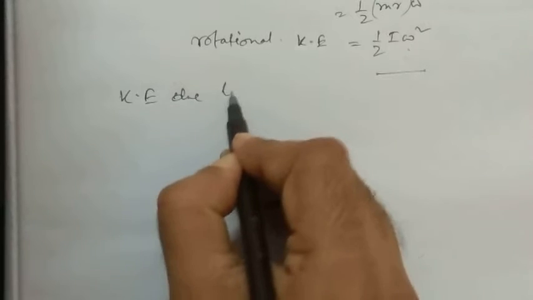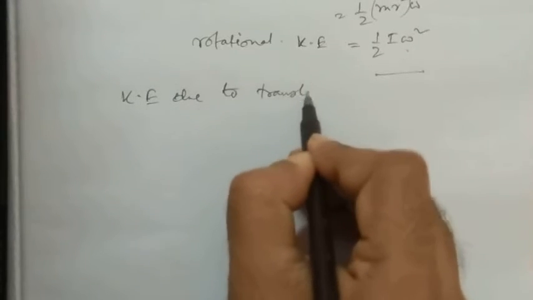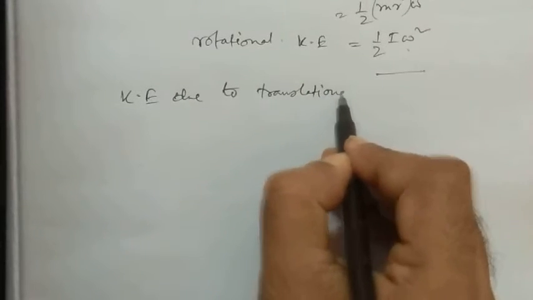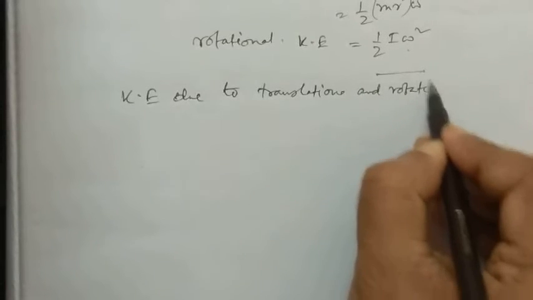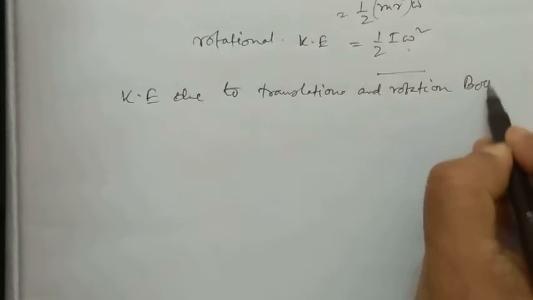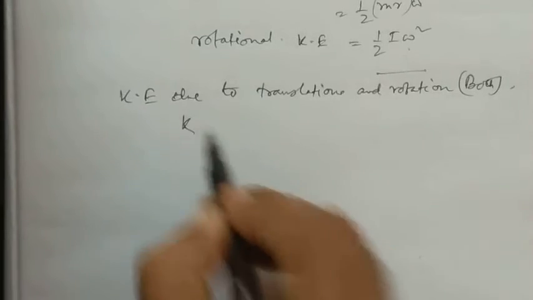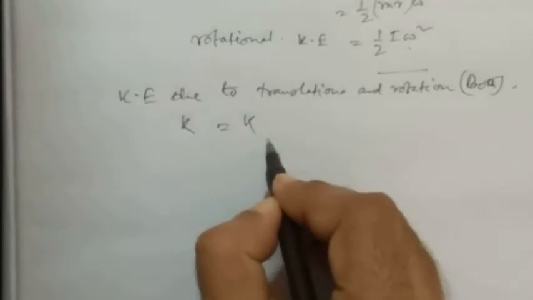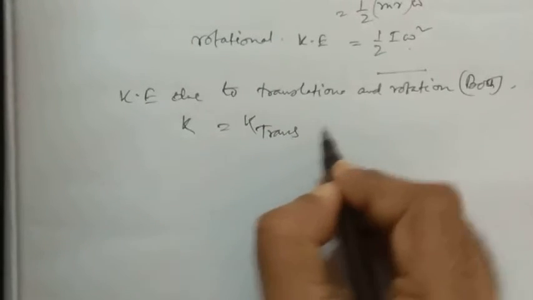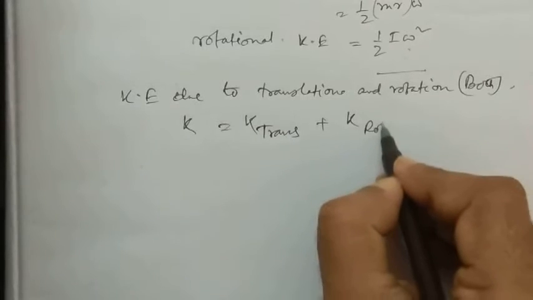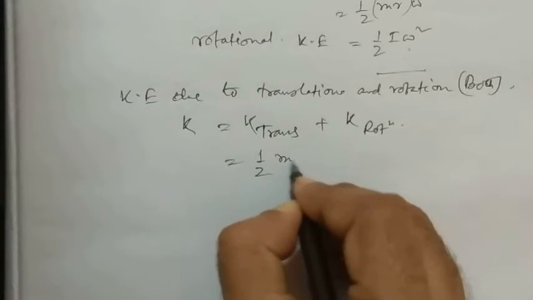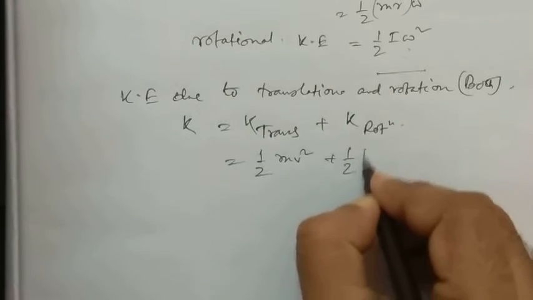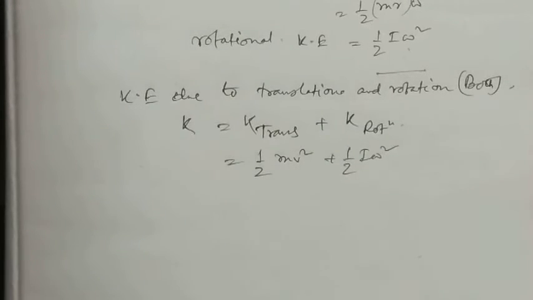So we can write K of translation plus K of rotation. Now the formula goes as half mv square plus half I omega square.